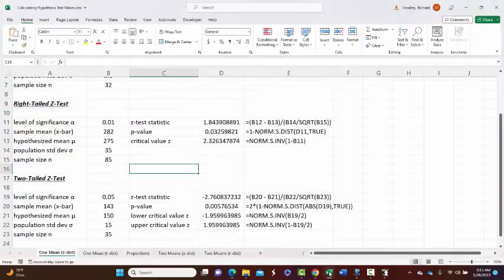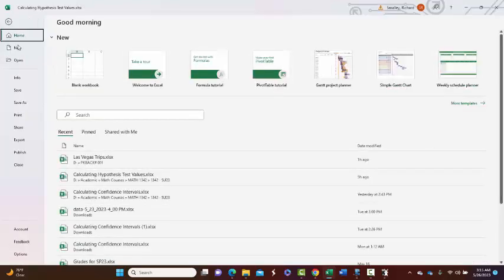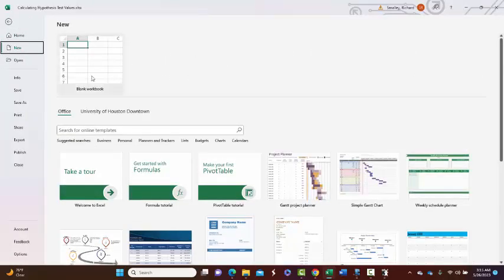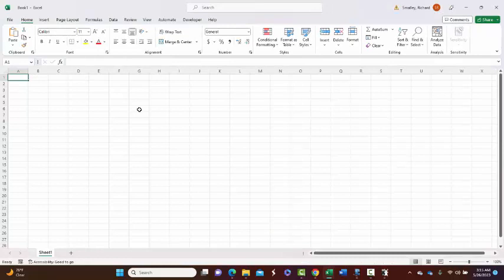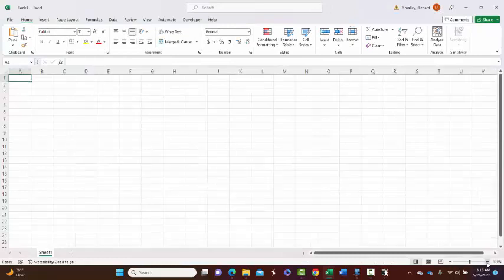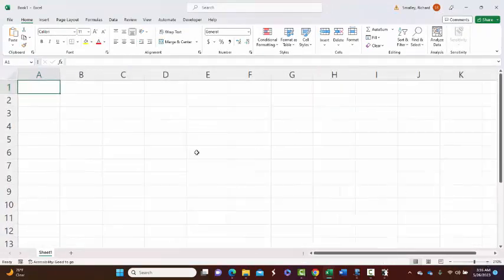I guess I can just bring up a new sheet. I'll put the formula text in there.